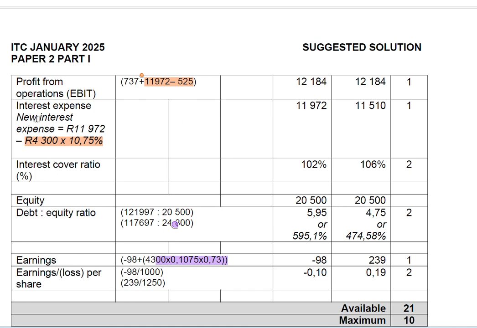Now, for interest expense, there is going to be a difference. Why? Because if we have this right issue, that means we're going to be reducing the interest on the 4.3 billion, which we will be paying back. Think of you paying off your loan.